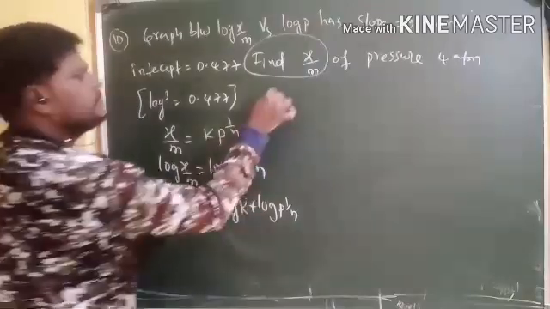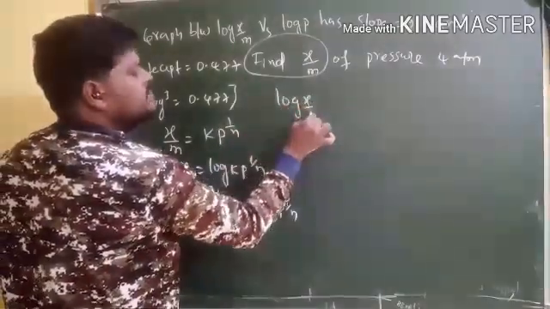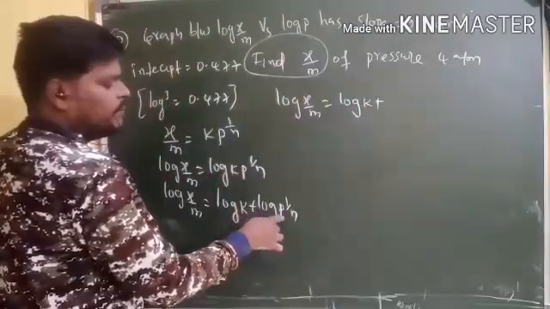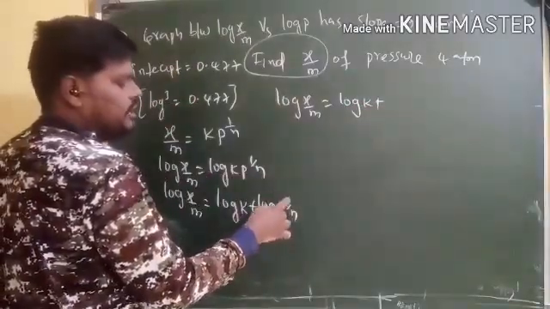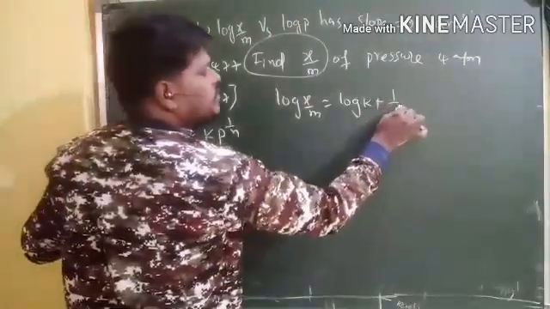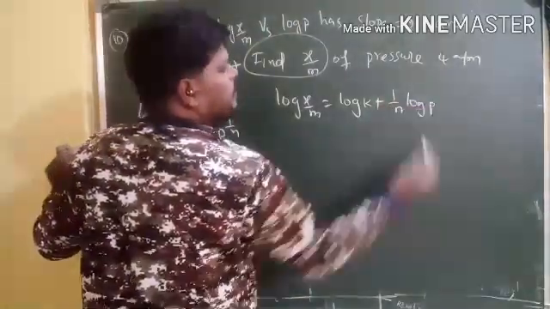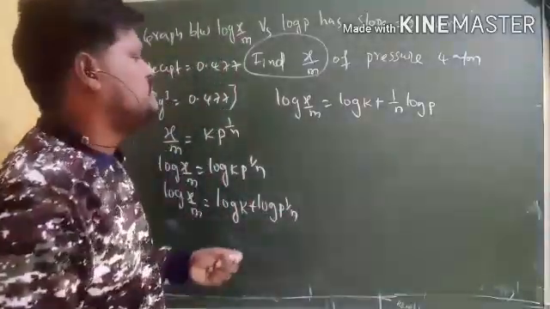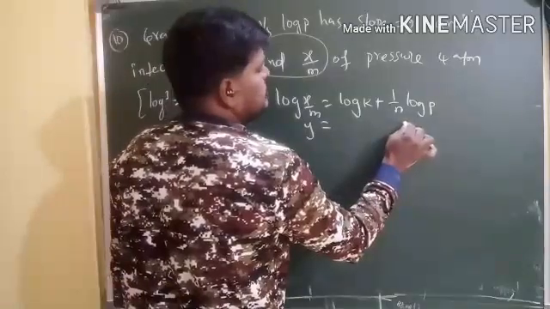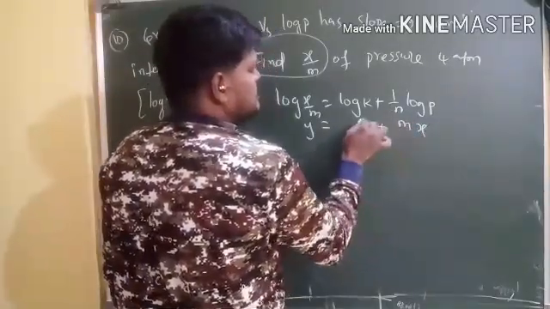So log x/m is equal to log k plus log p to the power of 1/n, using log a to the power of m equals m log a. So that's why it is 1/n log p. According to the straight line equation, y is equal to mx plus c.